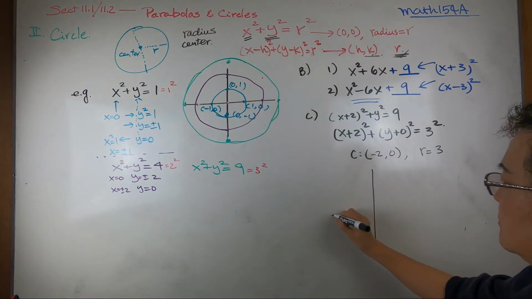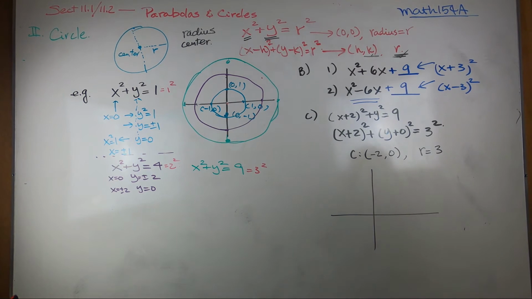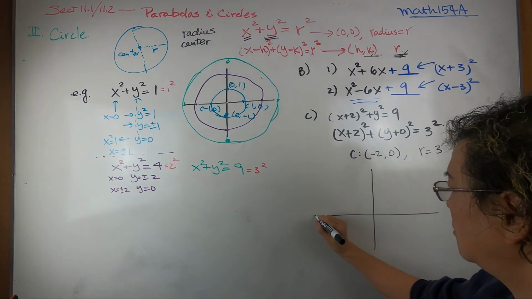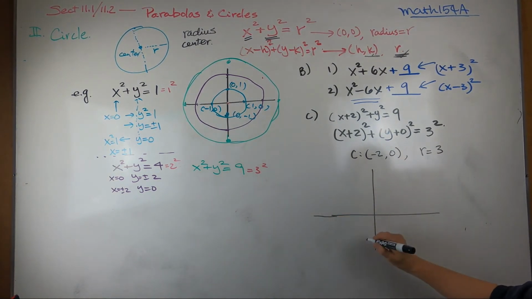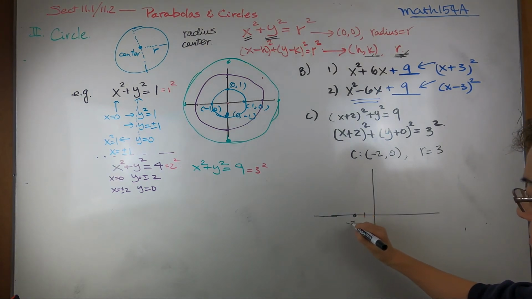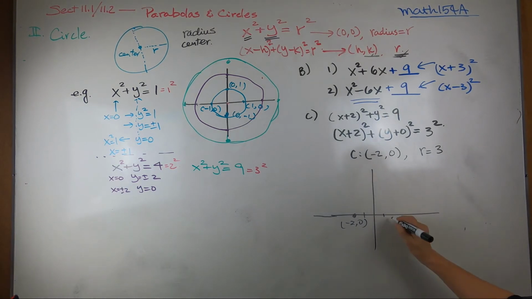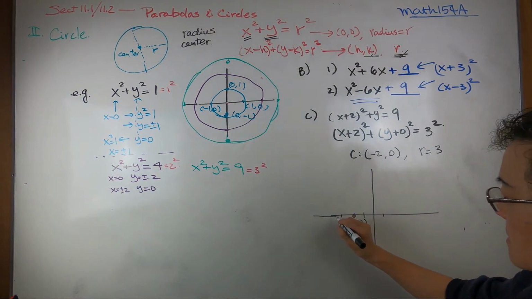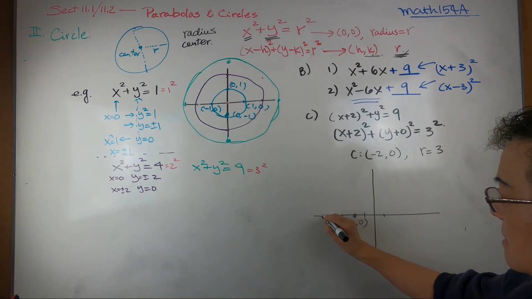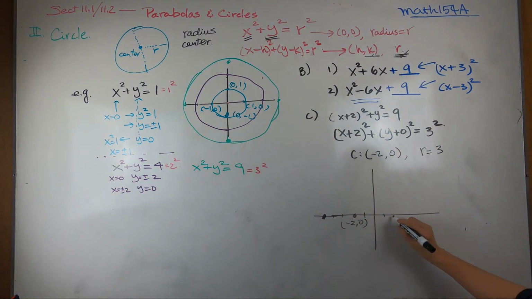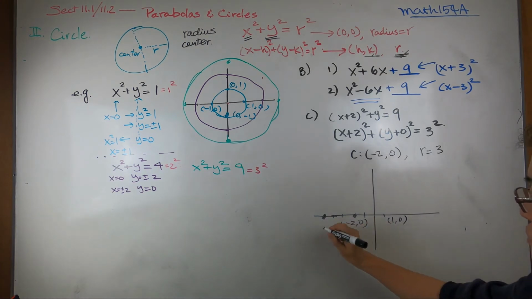So if you can do that, can you graph it? Center is what? Negative 2 and 0. If we ask you to graph it, you need to specify the center. Radius is what? 3 this way. Then 1, 2, 3 is this way, right? So what's this position? 1, 0. What is this position?